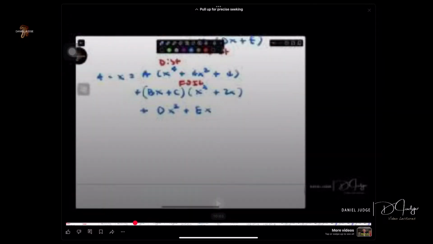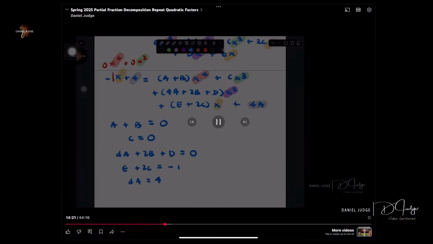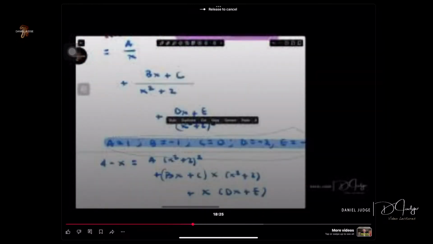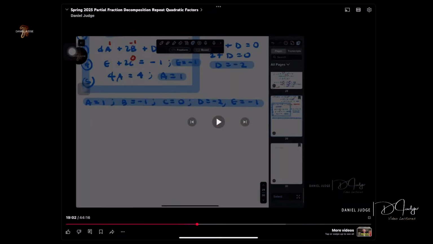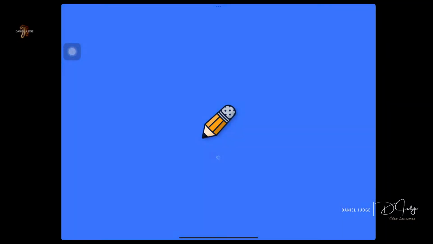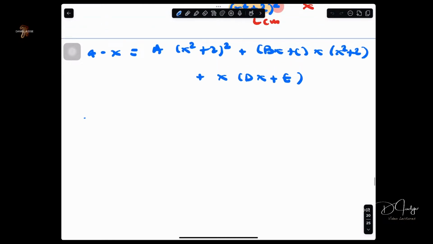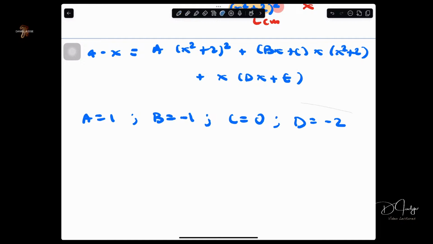I go over the details about how to get the values of A, B, C, D, and E. It looks like A is 1, B is negative 1, C is 0, D is negative 2, E is negative 1.